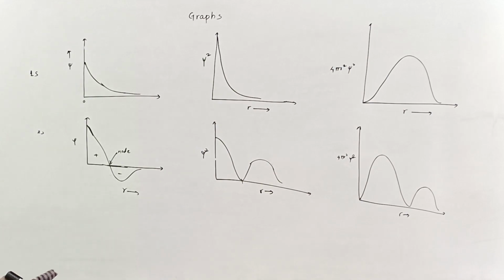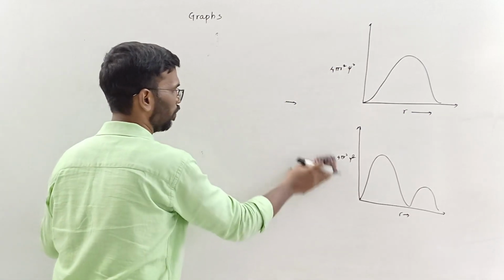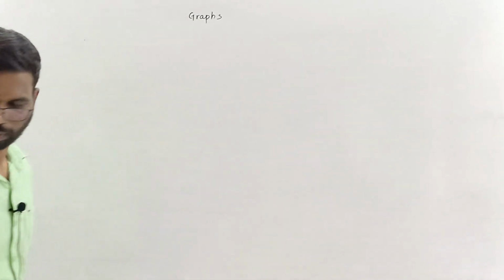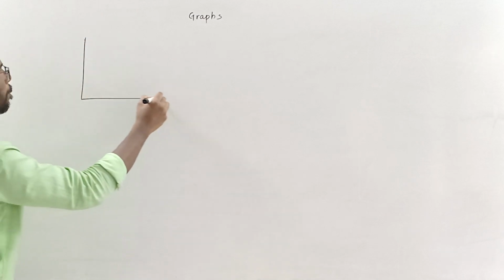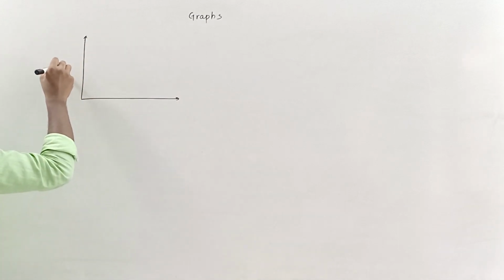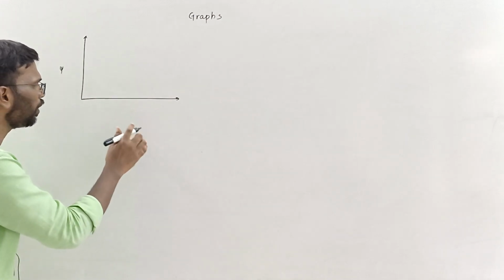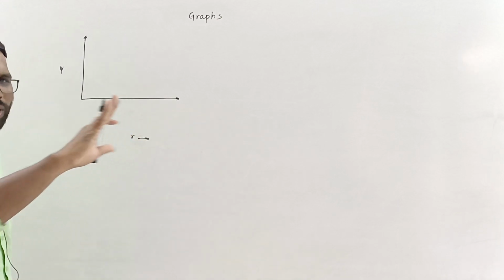Now let's understand what kind of graph we can expect for the p orbital. For the p orbital, first graph, that is psi versus r. Let's take a 3p orbital because I want one radial node.